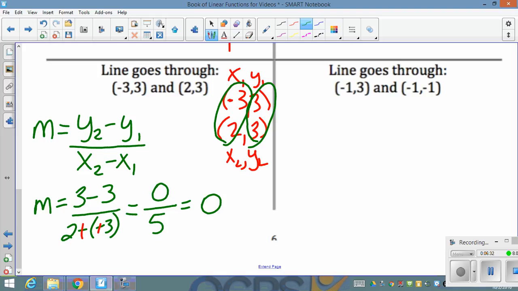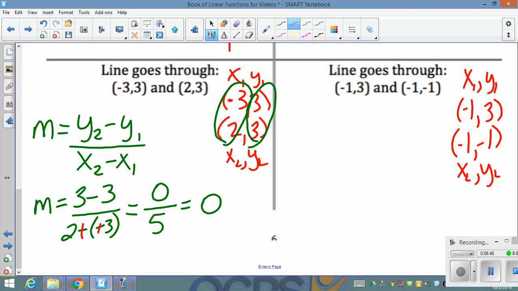Our final example. Again, I'm going to stack my points. x1, y1 is negative 1, 3. x2, y2 is negative 1, negative 1. And again, I'm writing my slope formula, y2 minus y1 over x2 minus x1.